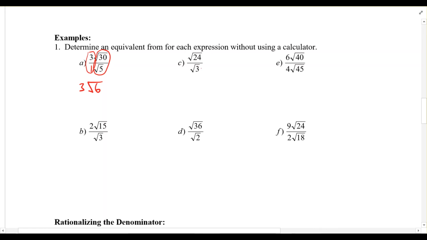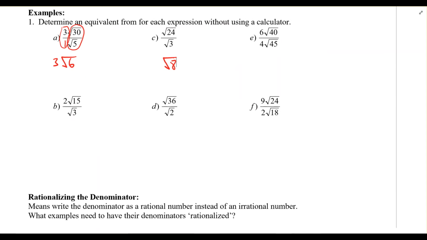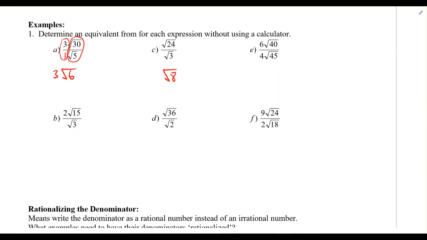So this one isn't too bad, right? Square root 24 over square root 3, well, that's just square root 8. 24 divided by 3. All right, now we're getting into our fractions, though. Hopefully you guys are all good with your fractions. So I know this is kind of a struggle point for a lot of students. So all you got to do is the numbers first and then do these ones second and then kind of combine them.